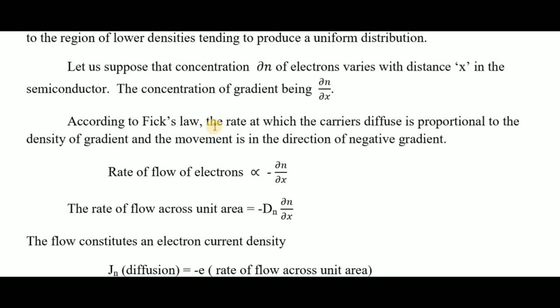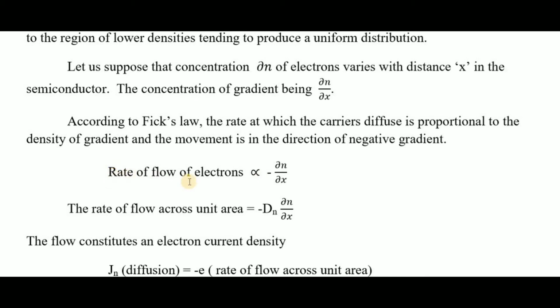According to Fick's law, the rate at which the carriers diffuse is proportional to the density gradient, and the movement is in the direction of negative gradient. Due to drift current, electrons move in one direction. Due to diffusion current, the electrons move opposite to the drift direction.